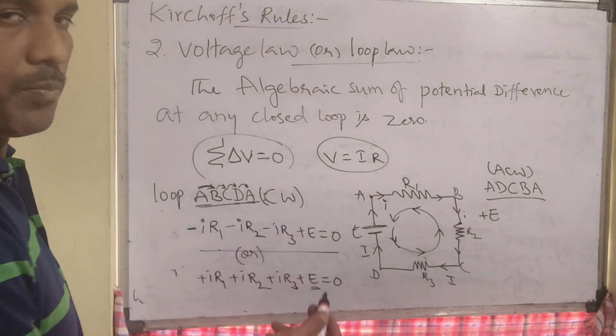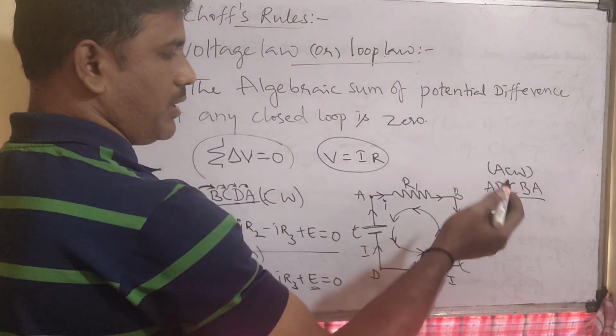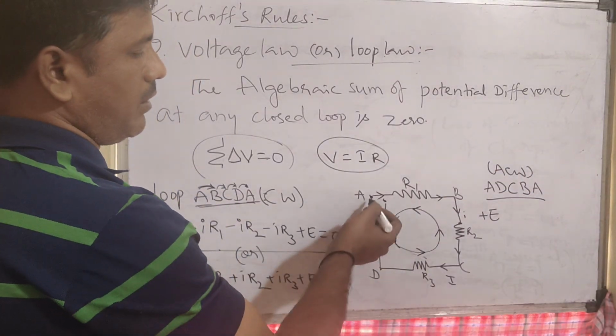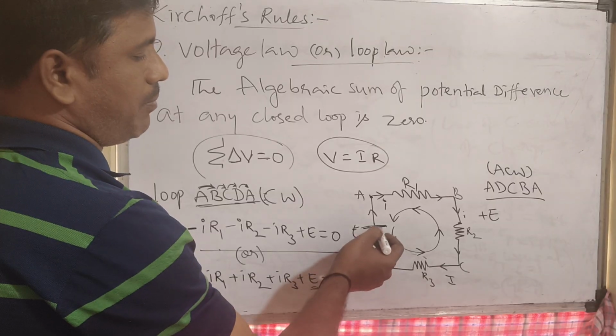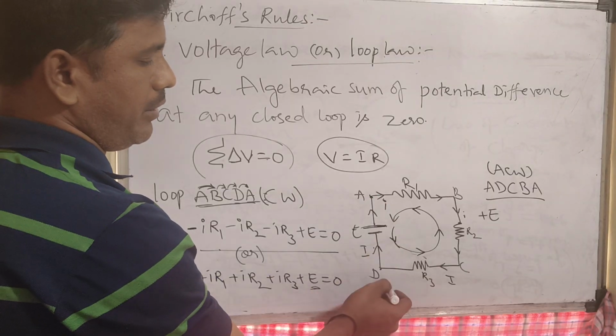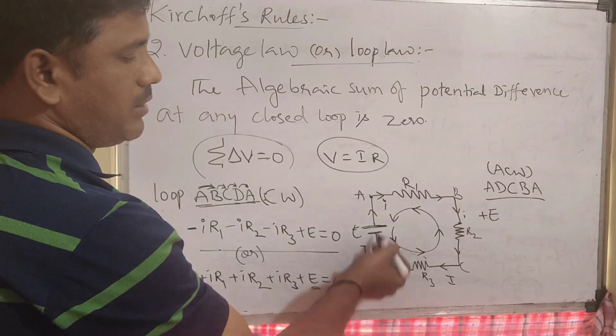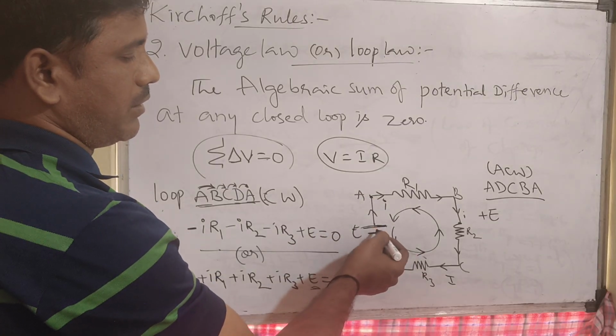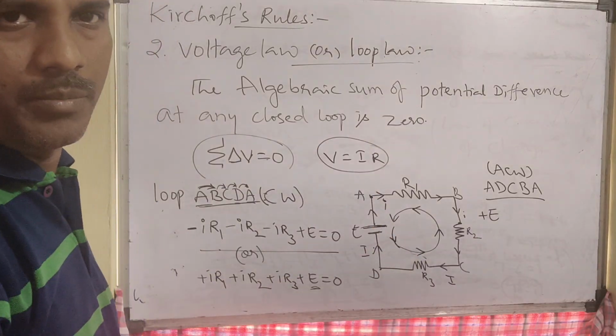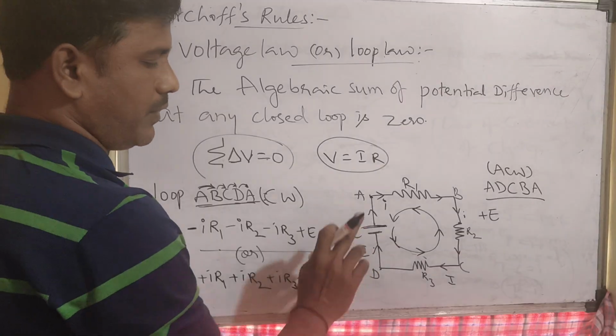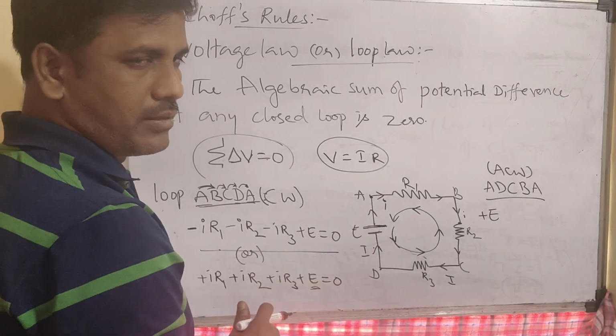Anti-clockwise means path, but here A to D is the path direction, while the current direction is D to A. So here only current direction is required. Path direction we don't consider for this type of case.